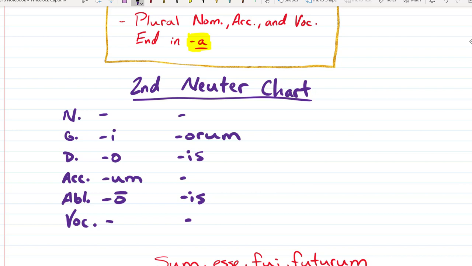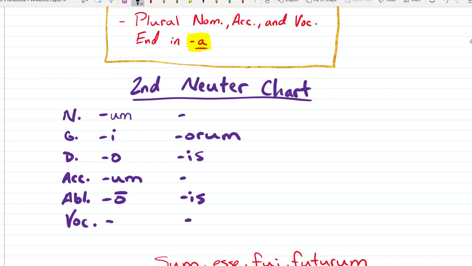You still have i, o, o, orum, is, and is. Neuter nominative in the second declension is going to be -um, like bellum, concilium, concilii, and the accusative is the same.